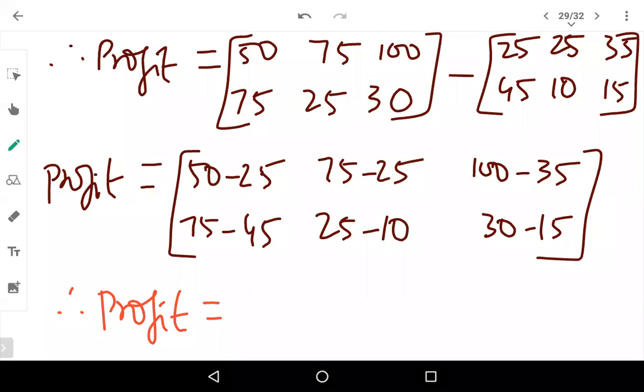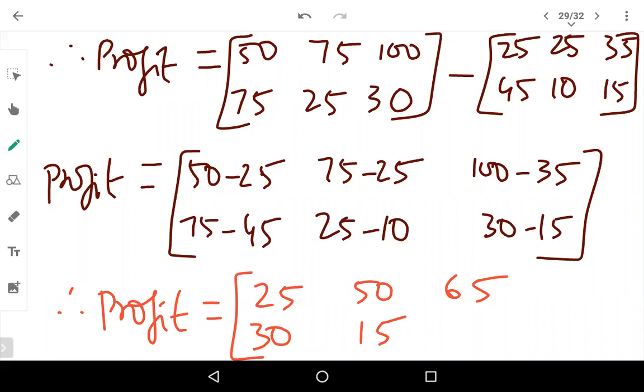What will be the matrix now? 50 minus 25 is 25, 75 minus 25 is 50, 100 minus 35 is 65. Then 75 minus 45 is 30, 25 minus 10 is 15, 30 minus 15 is 15 again. Okay, so this is the profit matrix which we required and we are taking that. Understood? Any doubts in this problem?